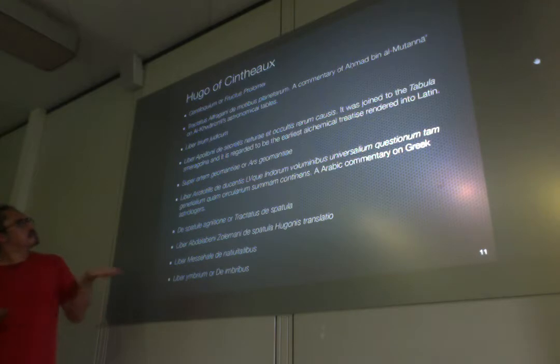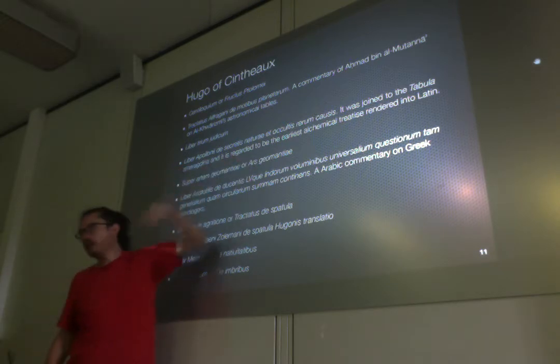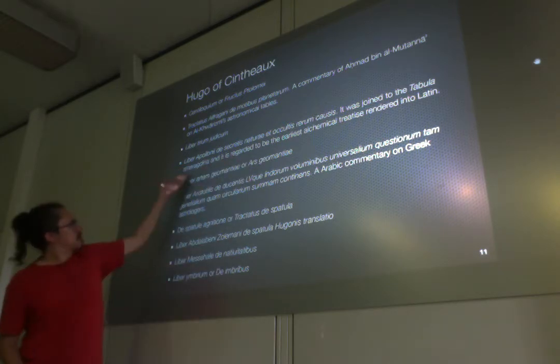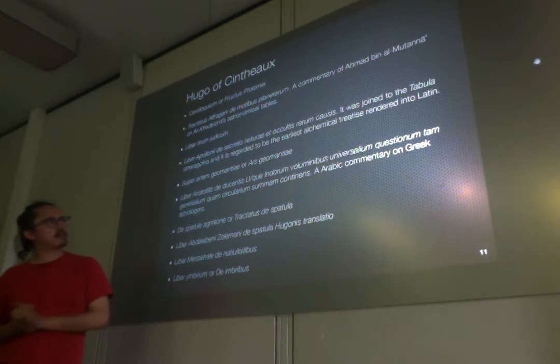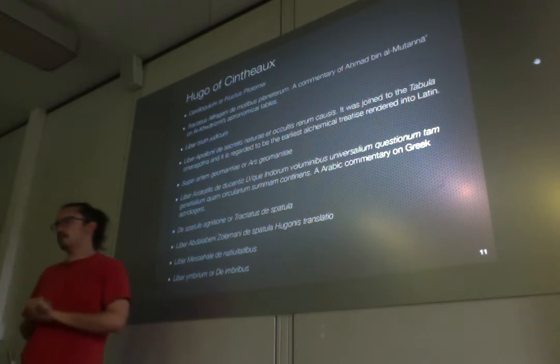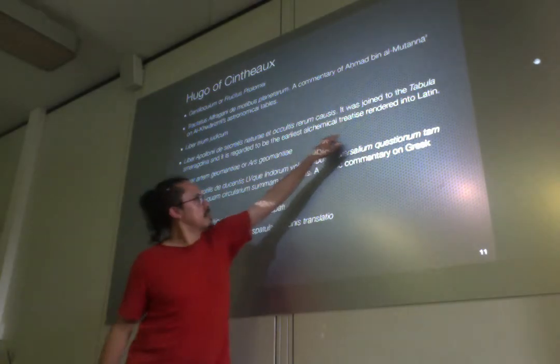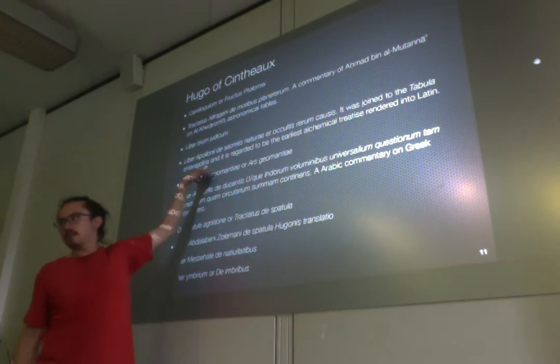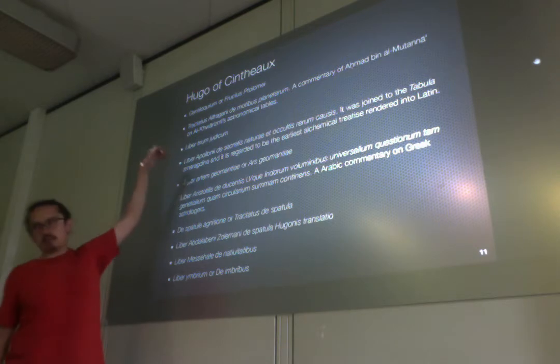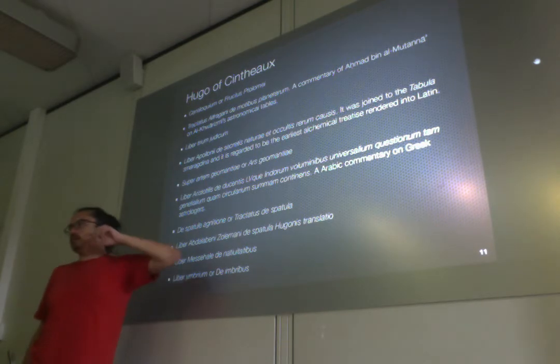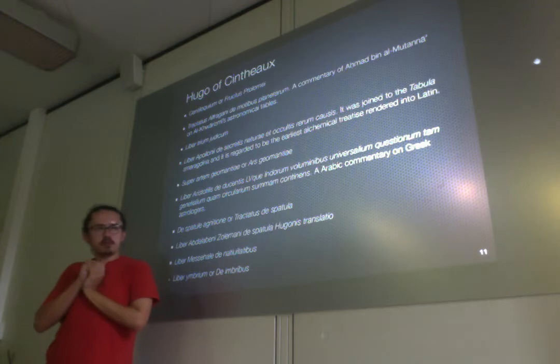And probably his best known work is this De Secretis Naturae, which has been regarded, as it says here, to be the earliest alchemical treatise rendered into Latin, and it contains a translation of the Tabula Smaragdina. The Tabula Smaragdina was translated twice, once by Hugo and also by Plato of Tivoli.